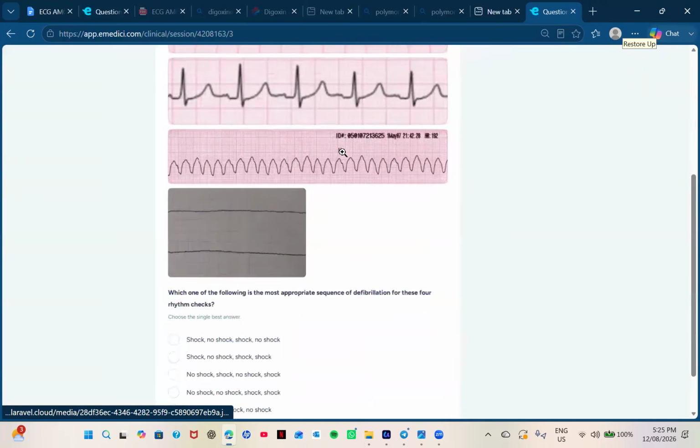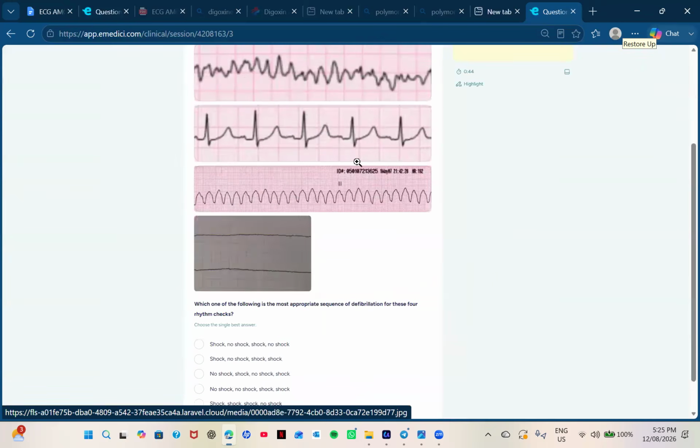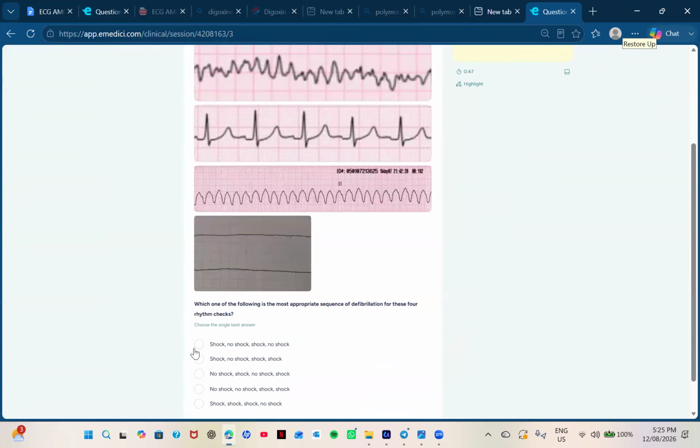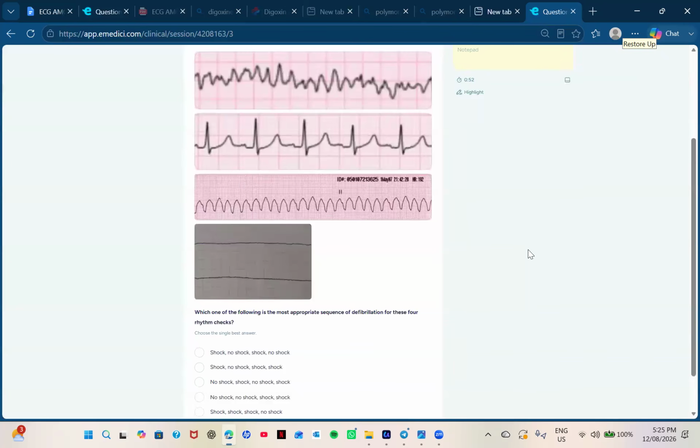Which one of the following is the appropriate sequence of defibrillation for these four rhythm checks? Tell me, doctors.